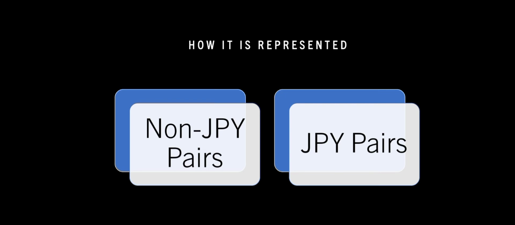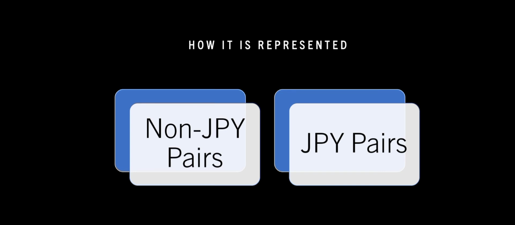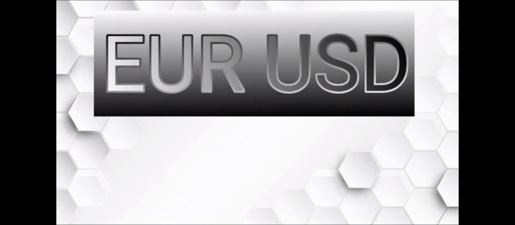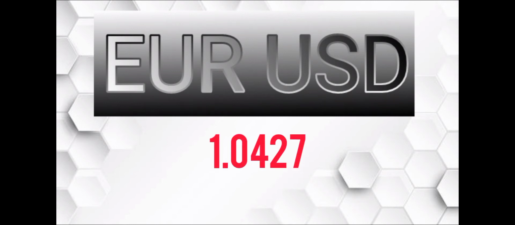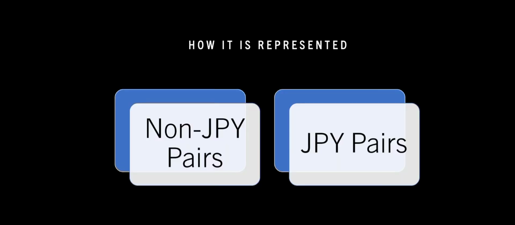So when we pick non-JPY pairs, for example the Euro USD, the PIP or a currency quote is quoted having 4 decimal places. So we could have a pair like the Euro USD at a price of 1.0427, and that is the basic representation with non-JPY pairs.